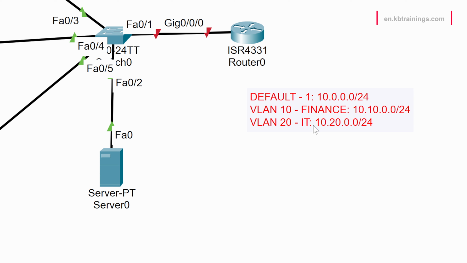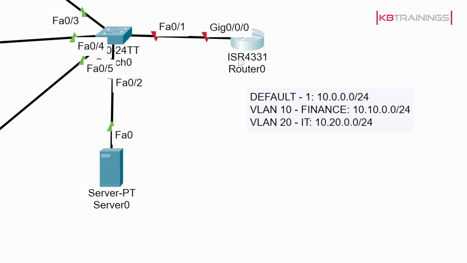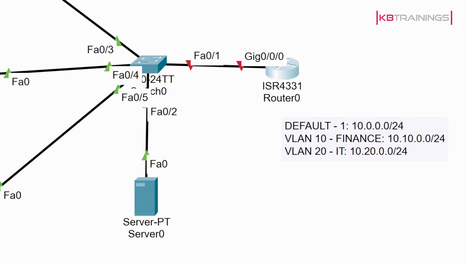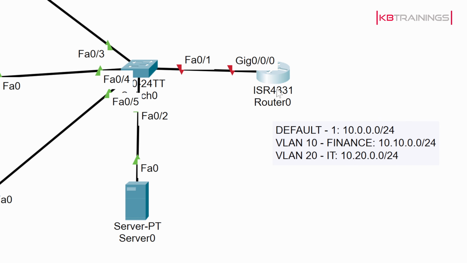So in our deployment, this router will be the default gateway for all the VLANs. We won't do any routing at the switch level. All routing will be on the router. So it's going to be a router-on-a-stick type of design.